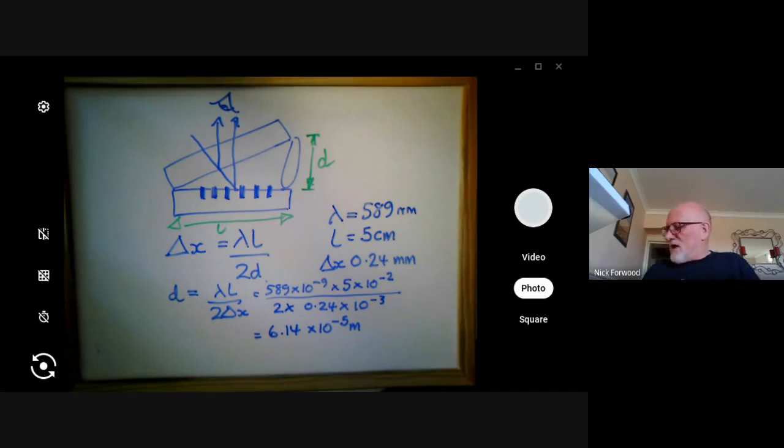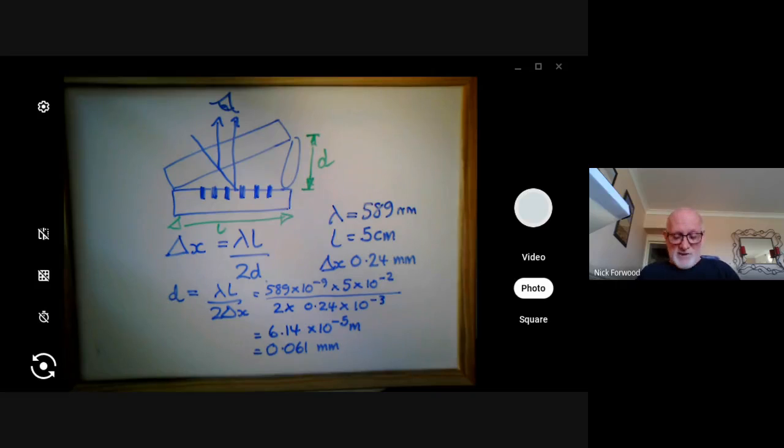Now there's 1,000 millimeters in a meter, because that's that conversion going that way. So if you multiply that by 1,000, you'll get a feel for how thick that piece of paper is, which I think is, we'll shift the decimal point, 0.061 millimeters for the thickness of the piece.